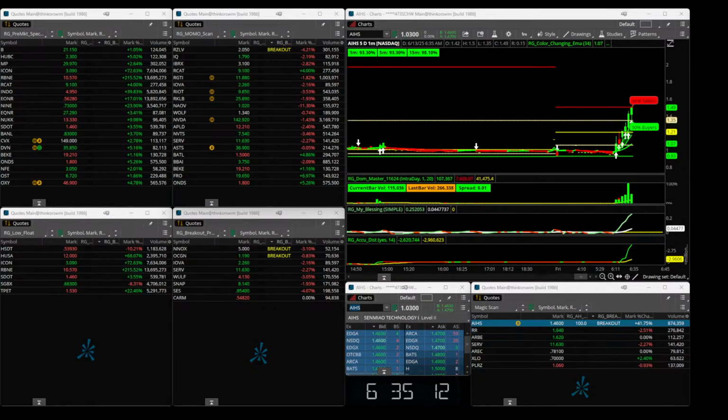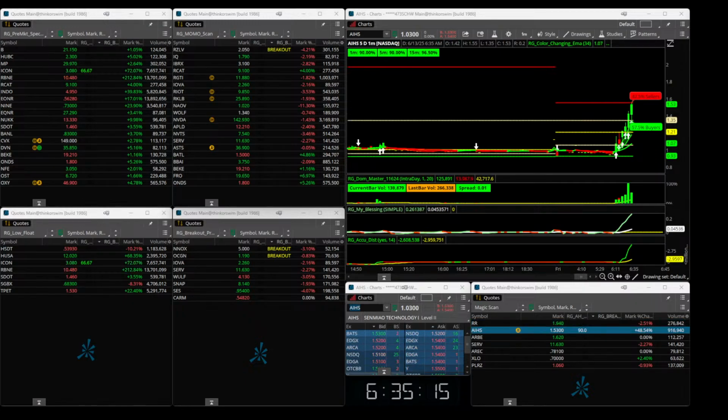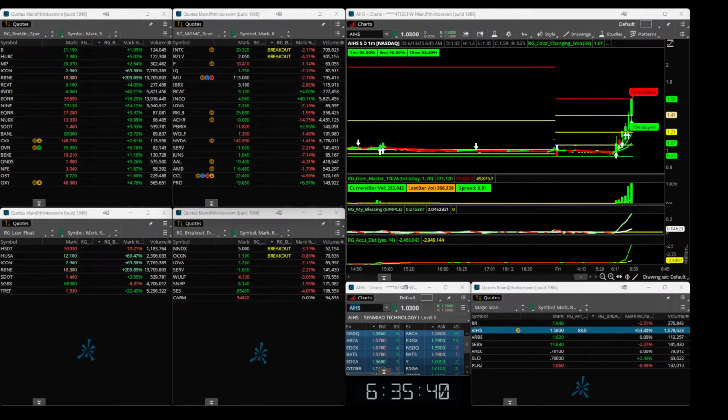They're all green again, and it's going up a little bit more. You have a second or two when that changes colors to get in there. Pushing back up for a little more. $1.60 now.